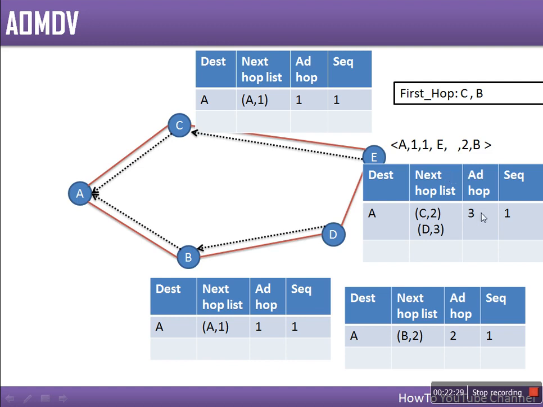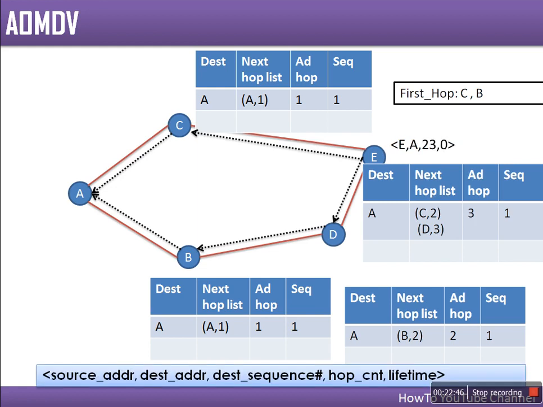Where will this advertised hop count be used? Let's say in future E receives any route request packet for node A, so E will send a route reply packet to those nodes with this hop count. Okay, now it's time to send the reply. So node E will create one reply.